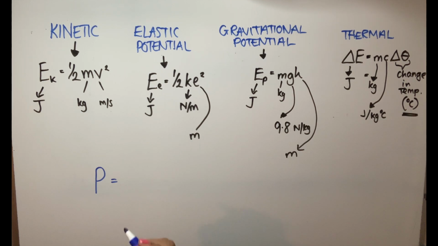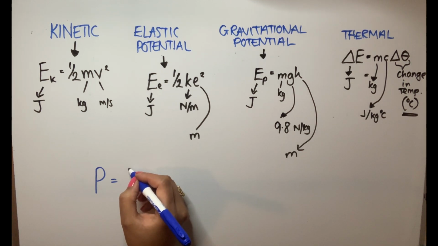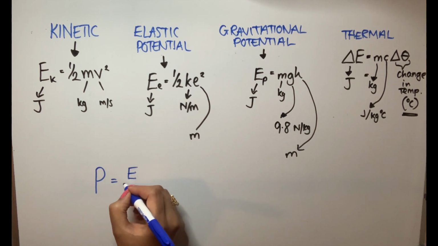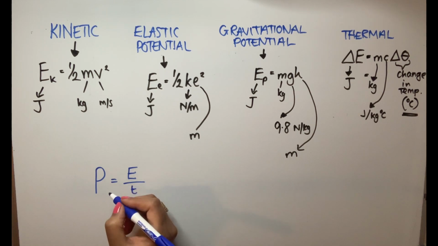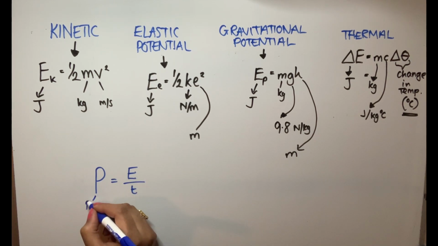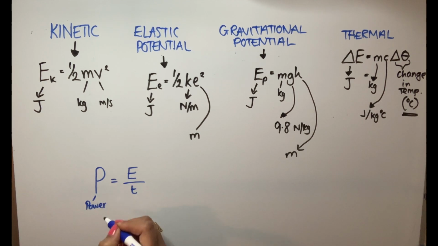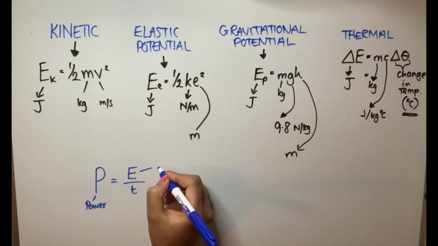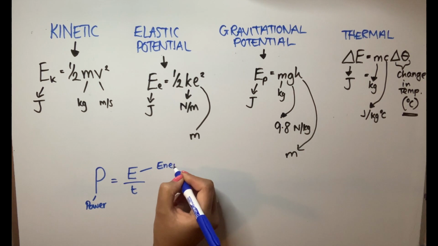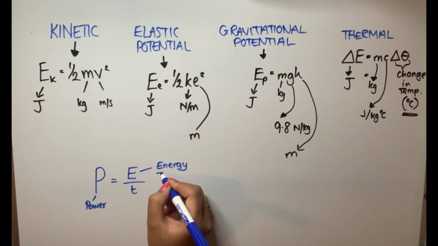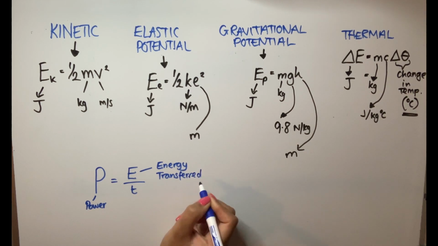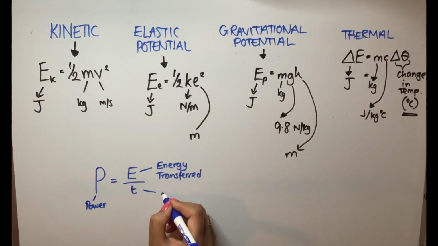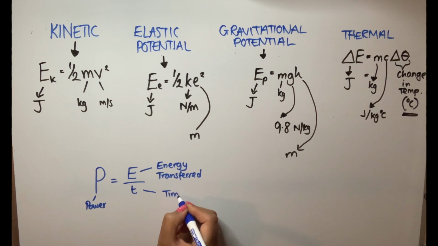The first equation would be E divided by T, where P denotes power, E is energy transferred, and T is time taken.